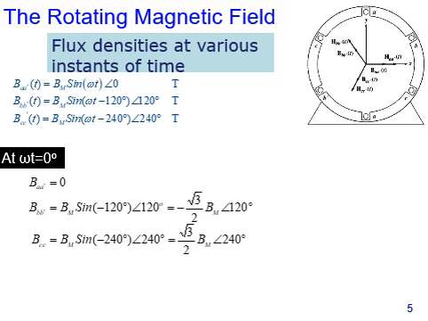Now the next step is to get the B net value of flux density by adding all the three flux densities.